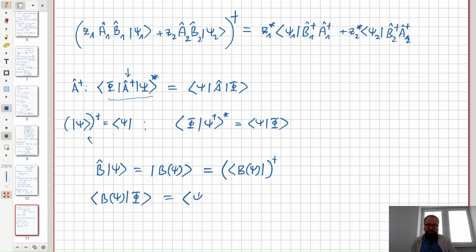This is psi, B dagger on phi, and the conjugate. So when you combine this with this, you will conclude that when you take B psi and dagger this, there will be this reversal.